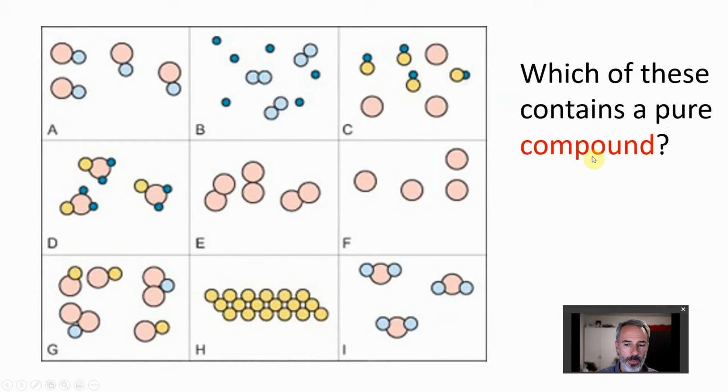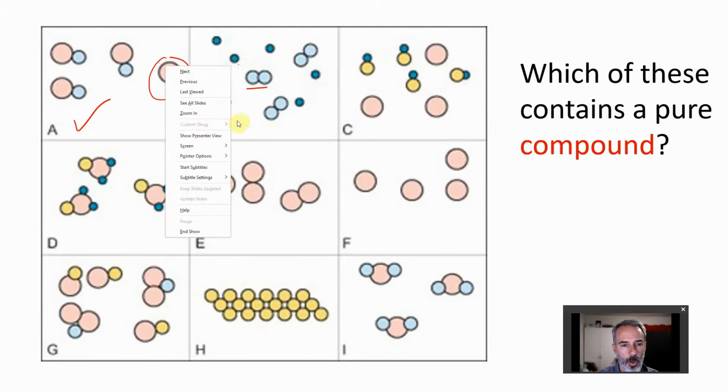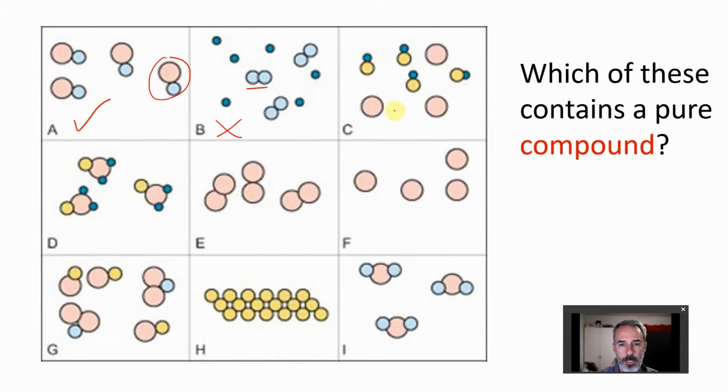Well, let's see what we thought here. If I come in here, a compound has to be attached together. Look, that's attached. I think A is an answer. That's an element. That's an element. Nope, B is not an answer. C has a compound, but it's not pure. We said it has to be pure because there's another type of thing in here. So C's out.